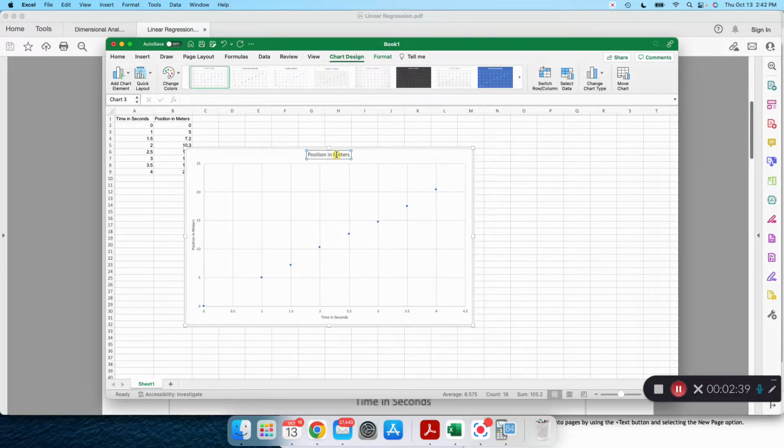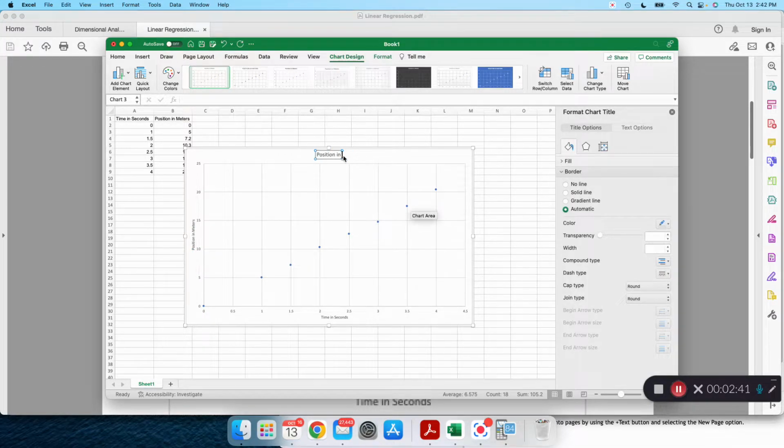I can even change the title because this is really what we're graphing here, position, time versus position, or position versus time. Okay, so now we look at the data and we say, yeah, that does look linear. It looks like it basically follows a line. It's not perfect, but it pretty much follows a line.